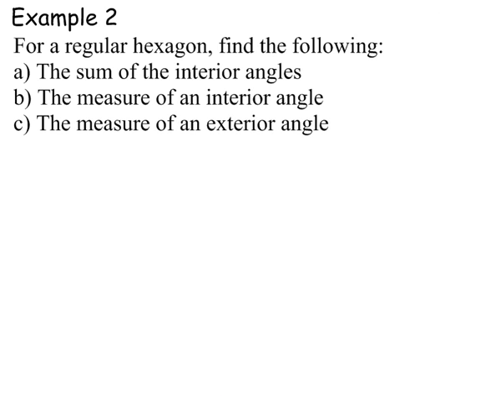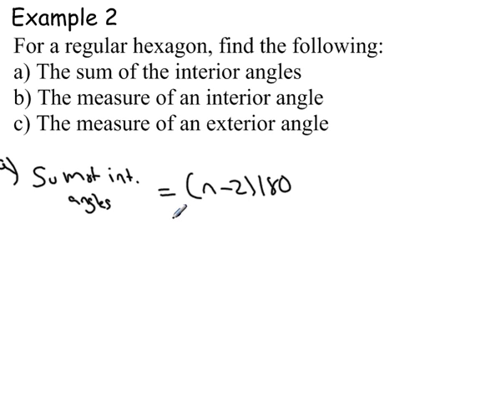Okay, we looked at that already. For a regular hexagon, find the following. The sum of the interior angles, the measure of an interior angle, the measure of an exterior angle. So you'll probably realize by now that you really don't need a picture to solve these types of questions, because you know the formula says the sum of the interior angles is equal to n minus 2 multiplied by 180.